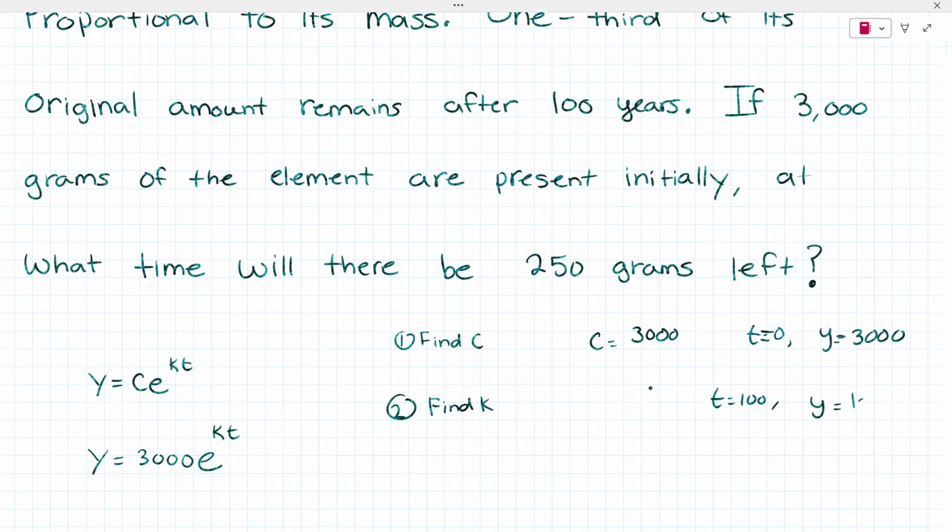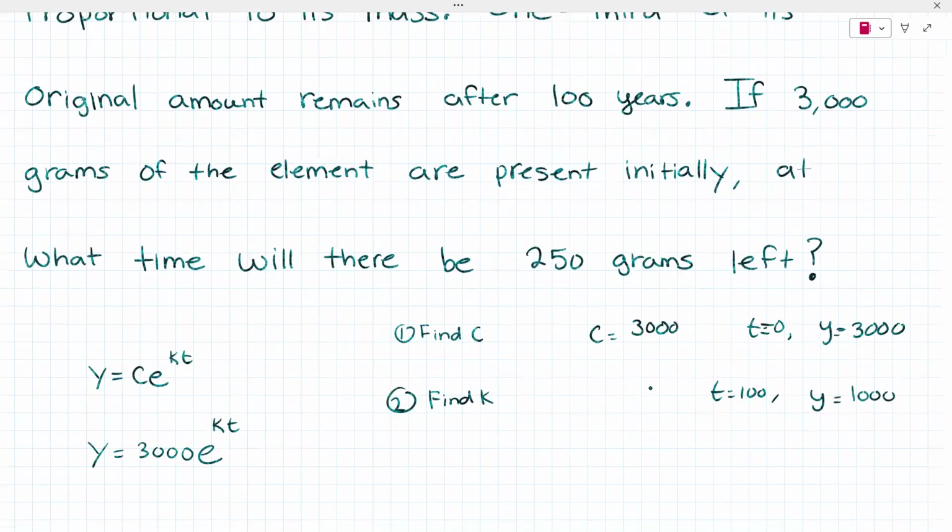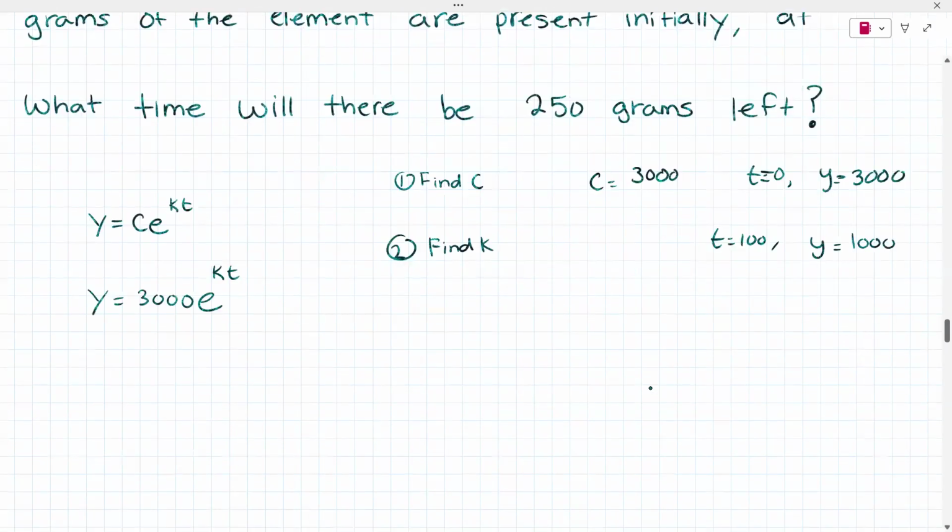So at y it would be 1,000. Go ahead and plug that in to get your k value. So replace y with 1,000. Your k is unknown, and your t is 100, so that's 100k.